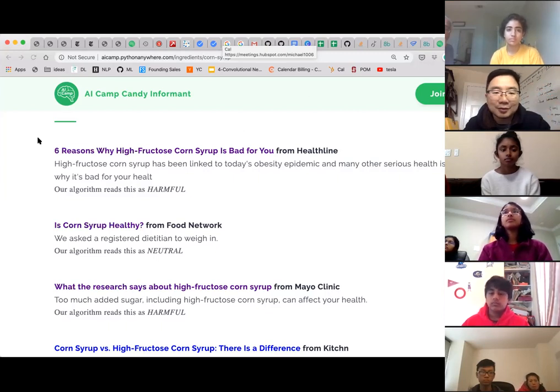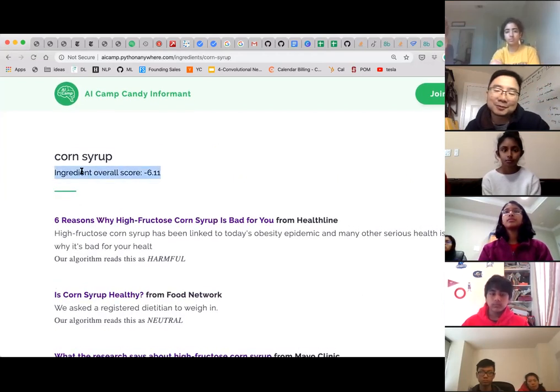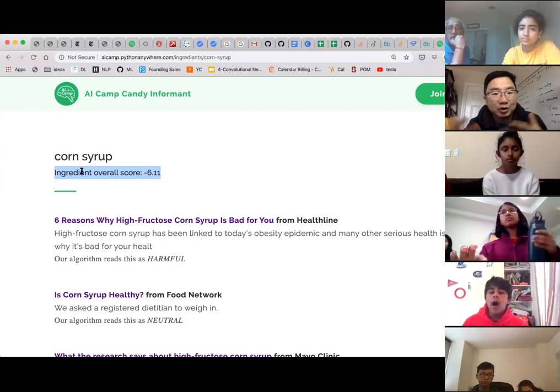Okay, and so the predictions are here. Now, who wants to explain how we get to the ingredient score? Which algorithm did you use? We use this thing called BERT. BERT is basically an open source language model that represents essentially the whole English language.